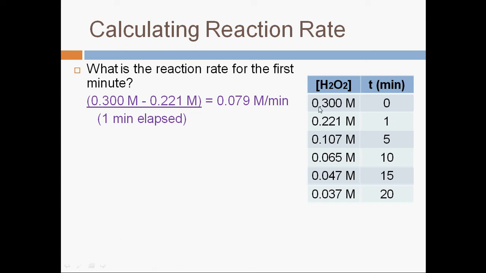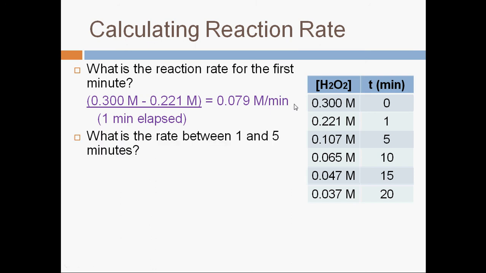So to figure out how much it changed, we just subtract those two. And then we divide by the amount of time it took for that change to occur, which in this case, from 0 to 1, was just 1 minute. We divide that and we determine that for the first minute of this reaction, we had a reaction rate of 0.079 molarity per minute. That was the change in concentration per minute during that time.